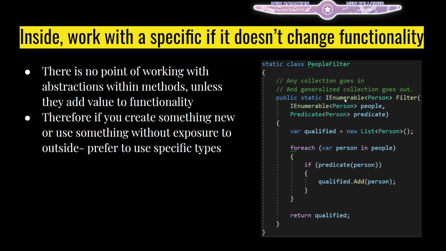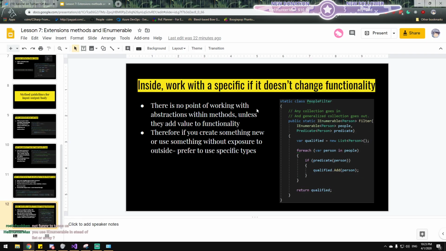So to summarize that point, if you return something with intention to be just read and not processed otherwise, use IEnumerable. Use IEnumerable when you return or get something.